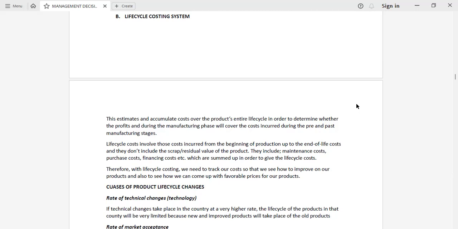Everything happens at the manufacturing stage, as the company which is doing the manufacturing also does the advertising and the selling of those products.